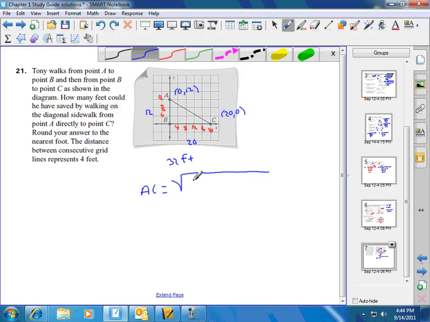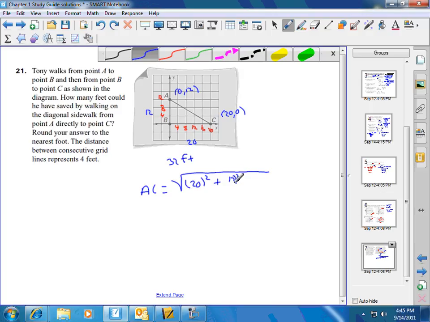So we're going to subtract our x coordinates. 20 minus 0 is 20. So we have 20 squared. And we subtract our y coordinates, and we have 12 squared.